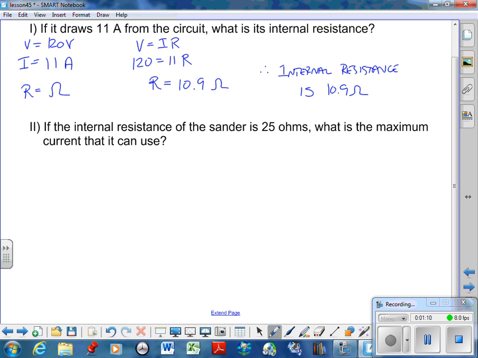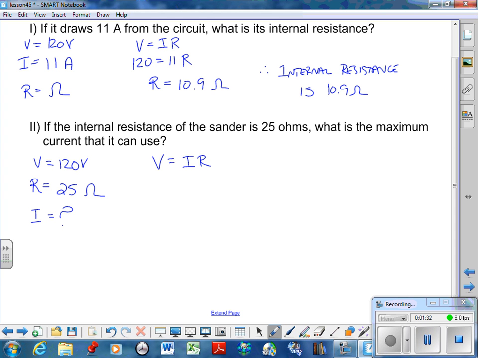Now the second part, if the internal resistance of the sander is 25 ohms, what's the maximum current it can use? So really similar question, you know the voltage, and for the most part it's always going to be 120. You can't really vary it because in the real world it doesn't vary, so it would seem kind of odd me changing the available voltage from the wall. And we're looking for a current, so that's the unknown. So again, we're using V equals IR.